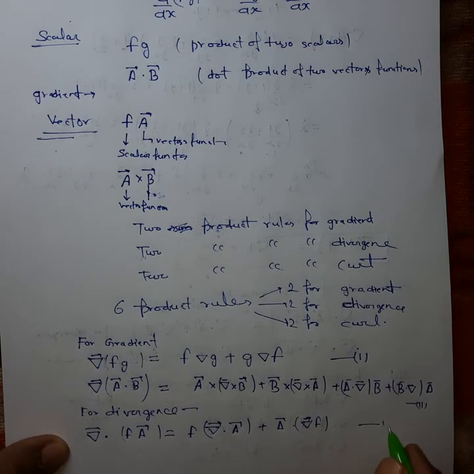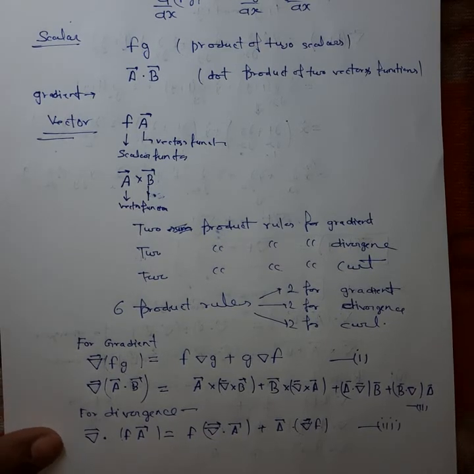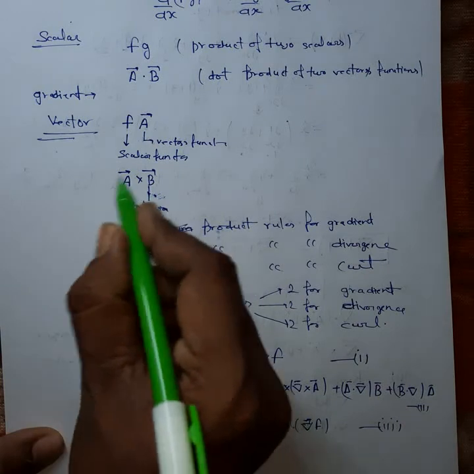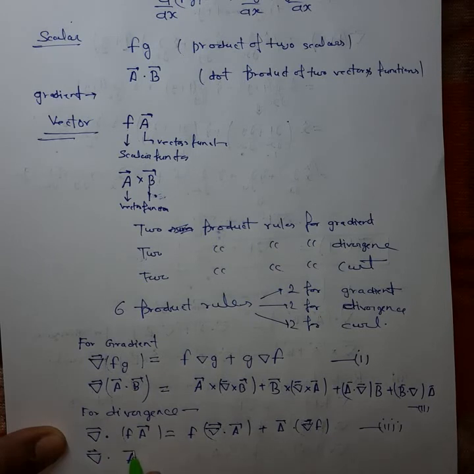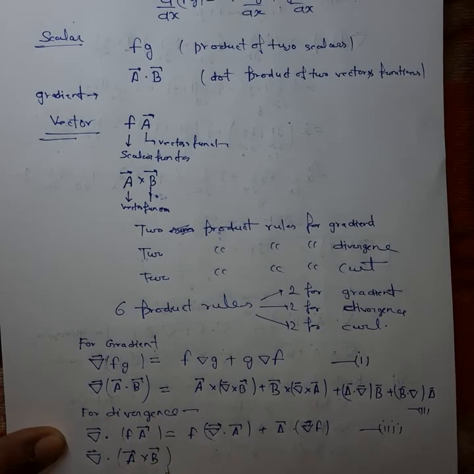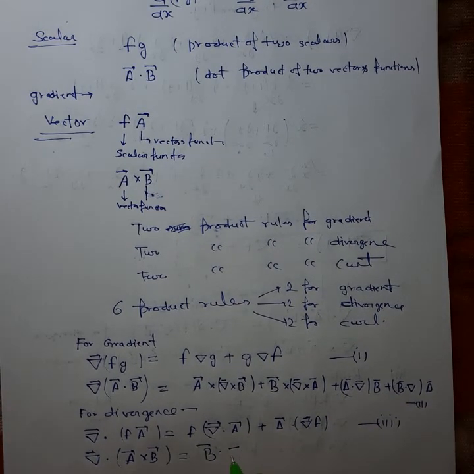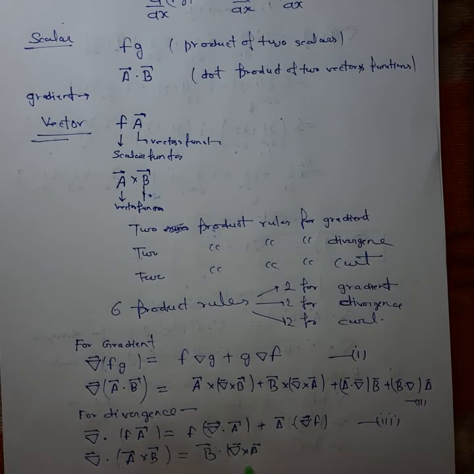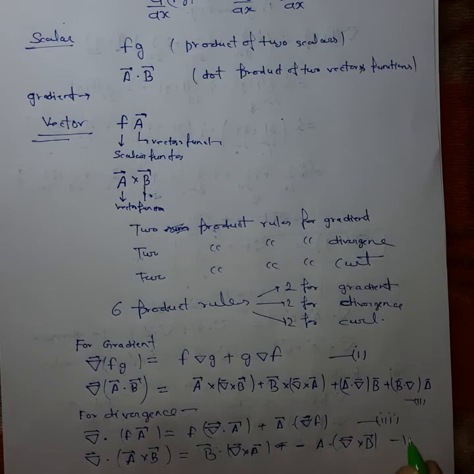So this is your third rule, the divergence of a scalar function times a vector function. The fourth product rule can be written as divergence of a cross b vector, which will be equal to b vector dot curl of a vector, minus a vector dot curl of b vector. This is your fourth rule.